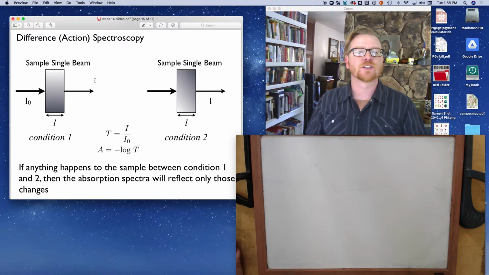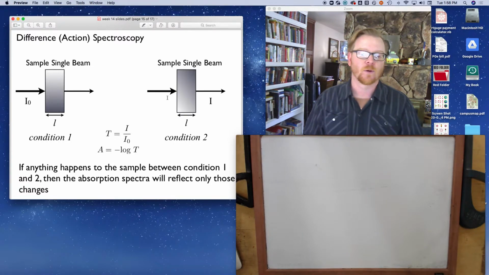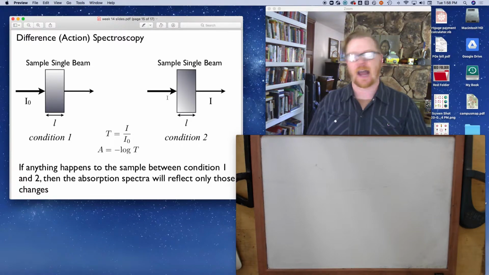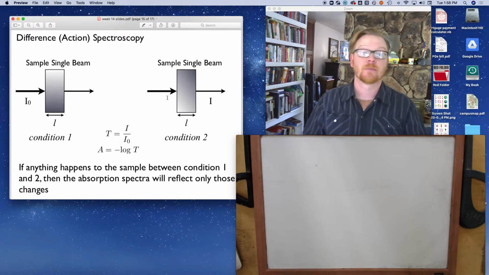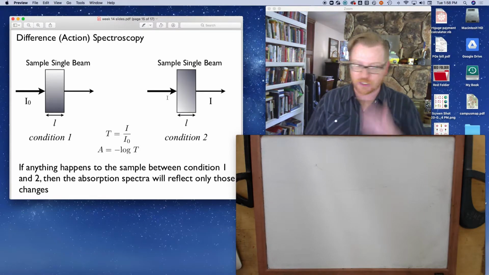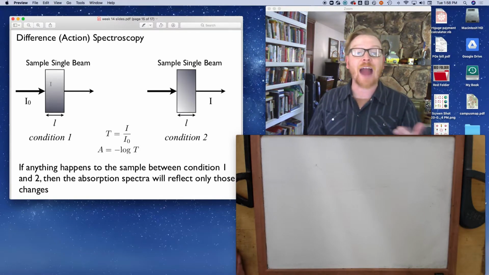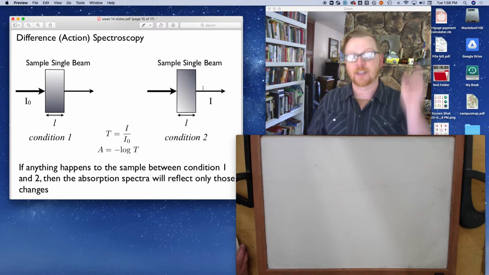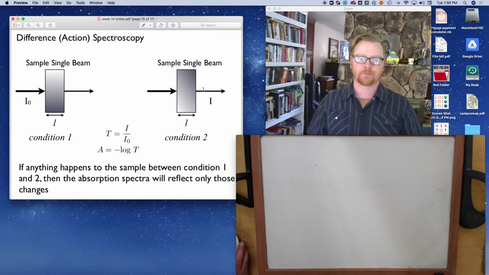Now, suppose something happens between condition 1 and condition 2, like time, or, well, obviously time is going to happen, but what's going to happen in that time? Maybe chemistry, maybe a physical transformation, a phase transition. Whatever happens between that time, you record another single beam spectrum.